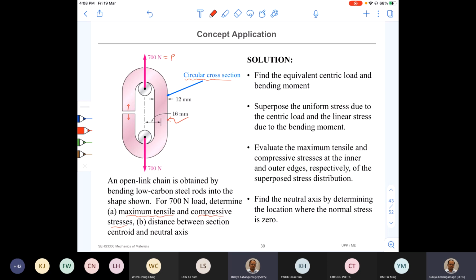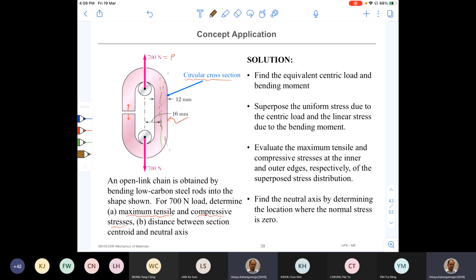But think about how it is going to bend. If I just draw how it is going to bend, the middle line here is straight, and after the load is applied, this middle line is going to bend like this. Am I right?